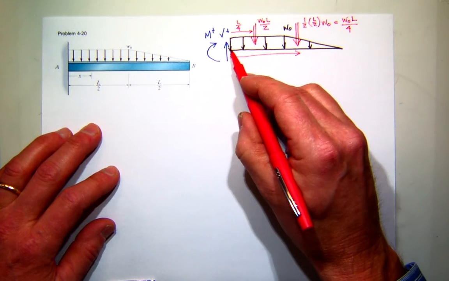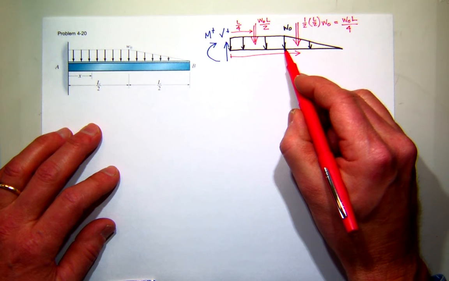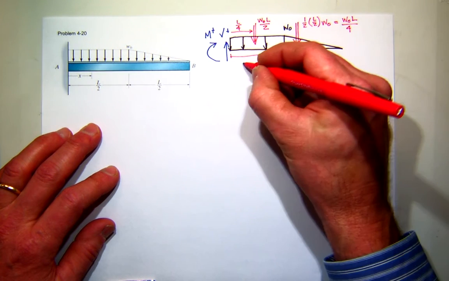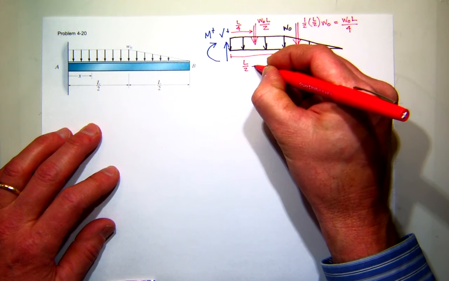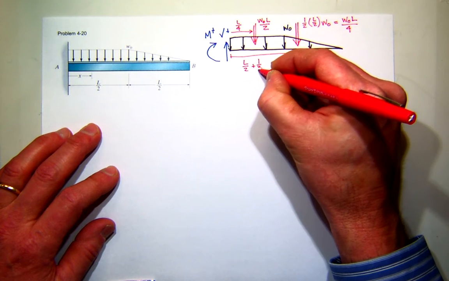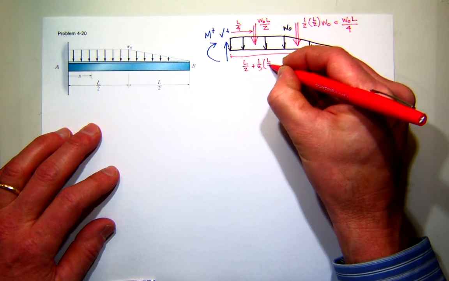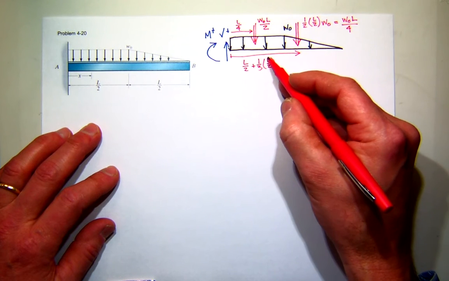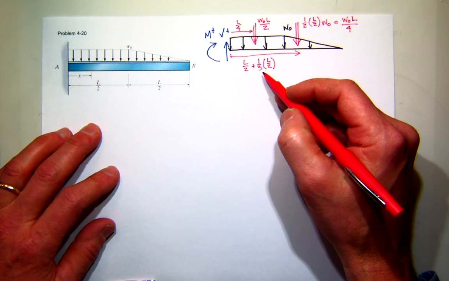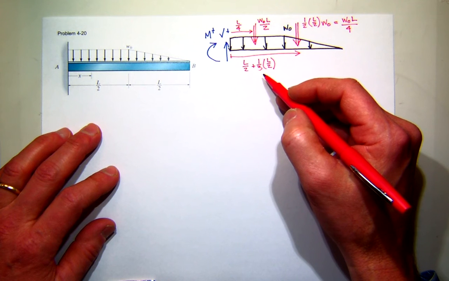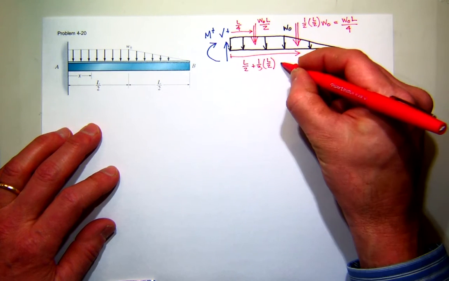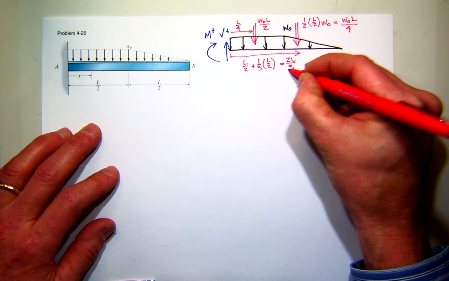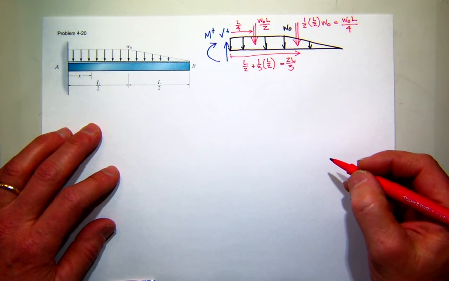Well, I know the first part is L over 2, then what's this part here? 1/3 of that. So I've got L over 2 plus 1/3 of L over 2. So it looks like I got L over 2 plus L over 6. L over 2 is 3/6 plus 1/6 is 4/6. So that's what? 2L over 3? Did I do that right? Yes.